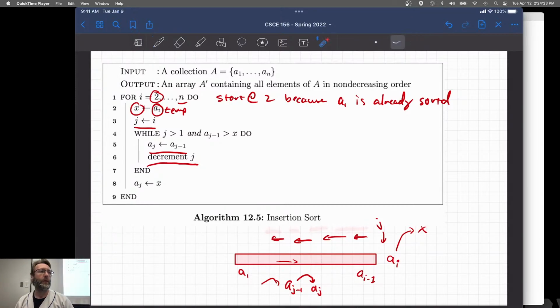Right? When do we stop? When either you've fallen off the edge, that's the first condition right here, or the x that you've got here, that's where it belongs. And if that's where it belongs, that's where you put it, on line 8. Okay? That's the annotation. That's the walkthrough of the pseudocode.